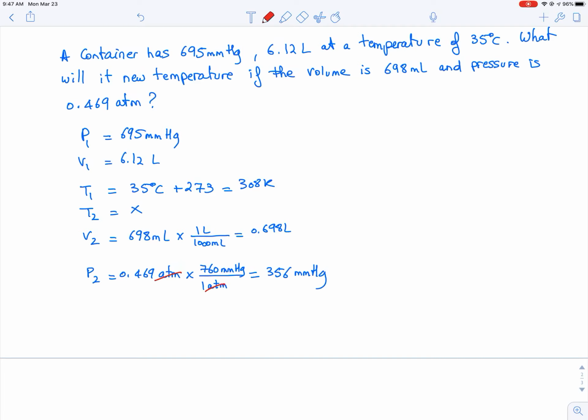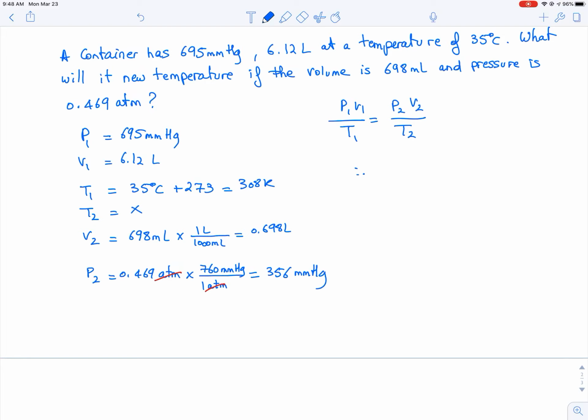So now we can plug things in to solve for T2. So I'm going to go ahead and write on the equation. I go to P1 V1 over T1 is equal to P2 V2 over T2. This is a T1, and this is a T2 over here.